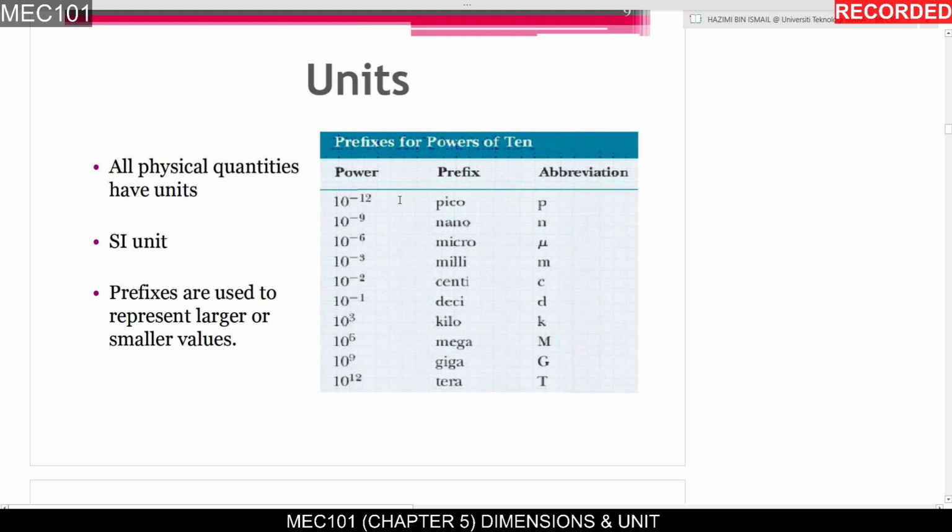Let's say it is more difficult to write down 10 to the power of -12, so we just replace the mathematical form with the word pico. This is what we call the prefix. The symbol, or abbreviation, for pico is p, then nano, and micro here, like this. These are Greek and Latin words.